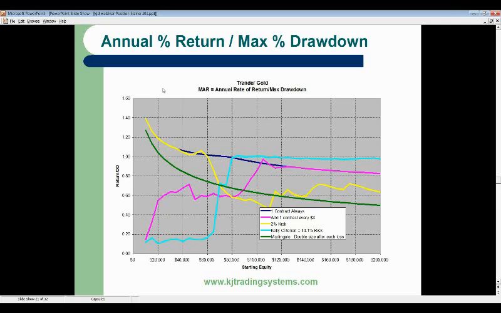And the important thing, there's some bouncing around, and that's due to a couple things, both the equity amount and the fact that you have to jump from, let's say, trading 1 contract to 2 contracts to 3. It's not smooth.